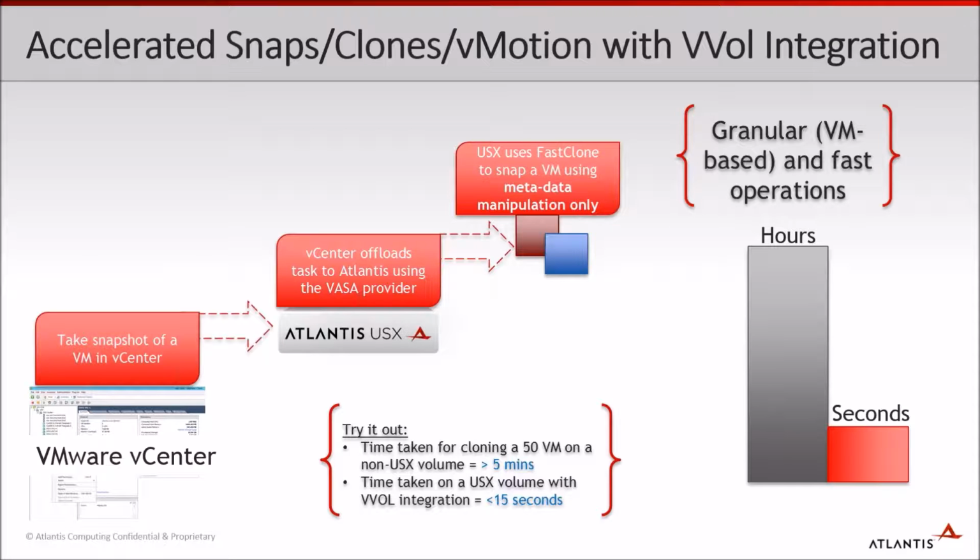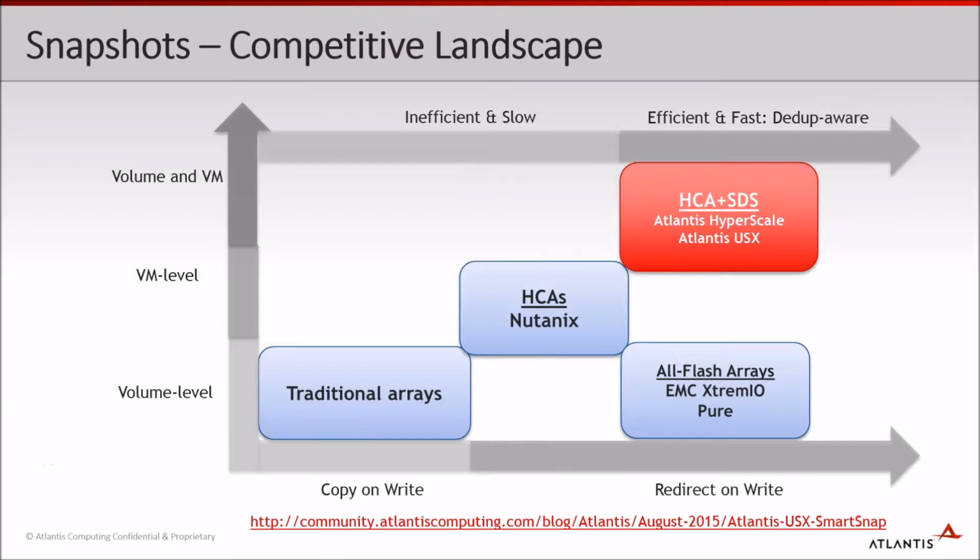If I were to put our snapshot technology on a competitive landscape, you see things such as performance. Traditional storage still does copy on write or copy on first write. Most of the new implementations do redirect on write. Some of the new ones offer VM level snapshot.